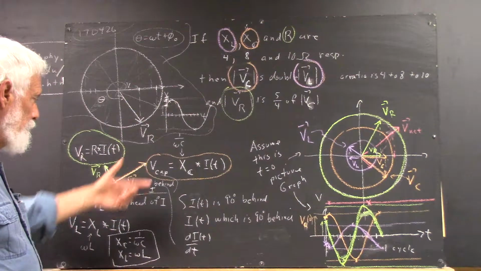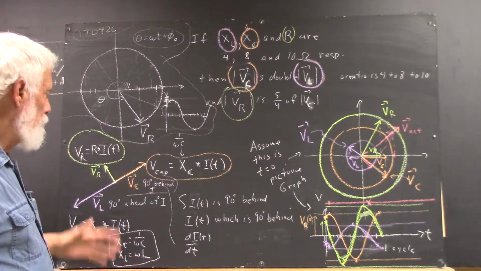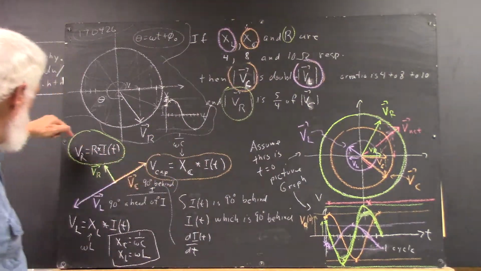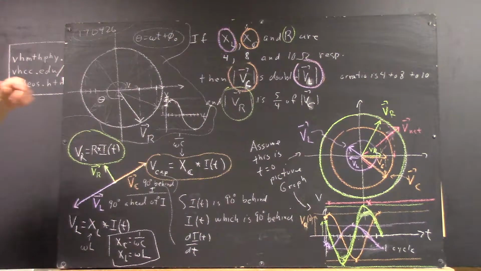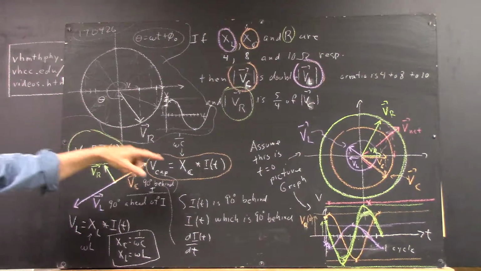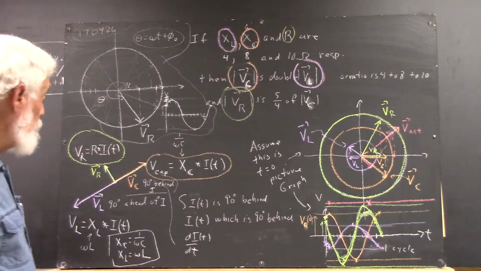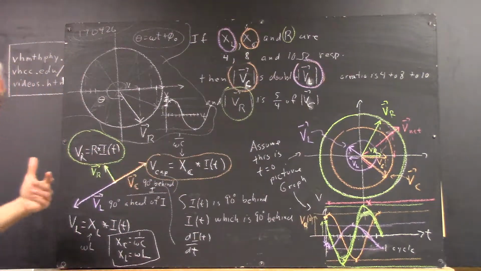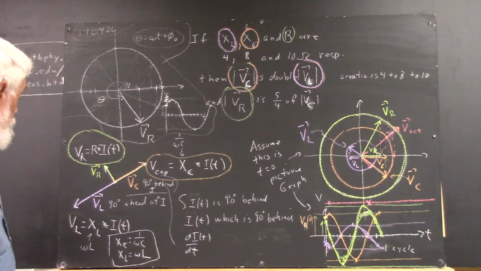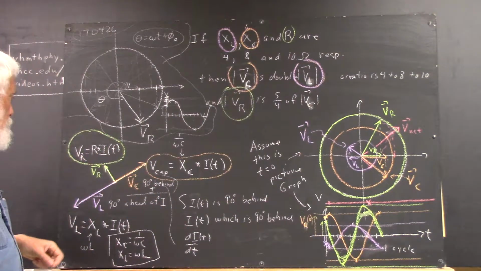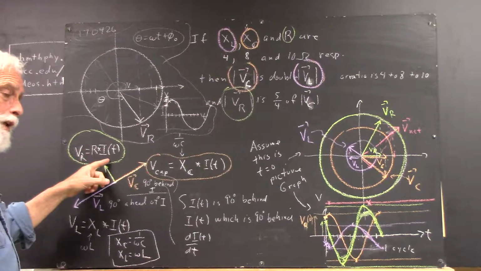Now, the capacitive reactance and inductive reactance are defined analogous to the resistance, in that you multiply any of these by the current and you get the magnitude of the voltage across that circuit element. So you multiply resistance times current.